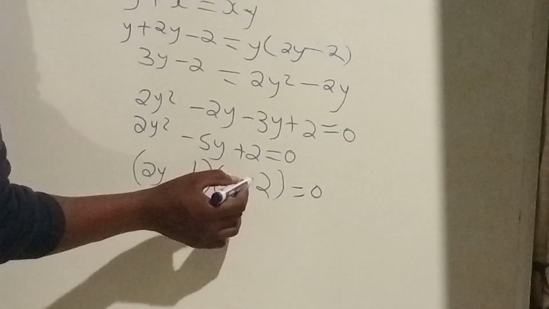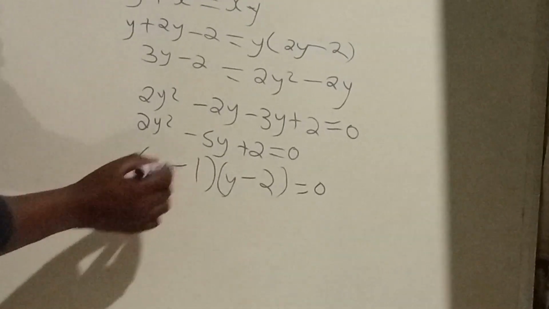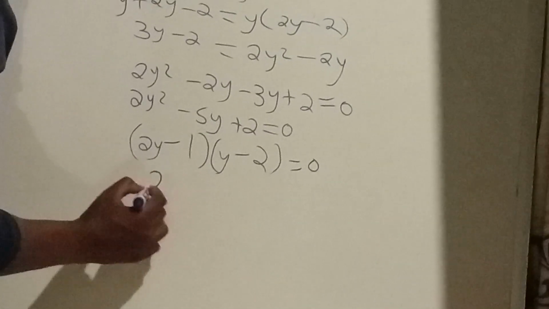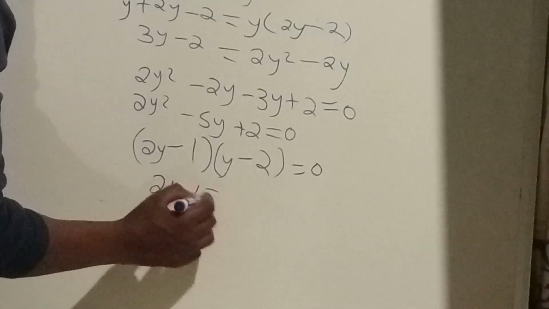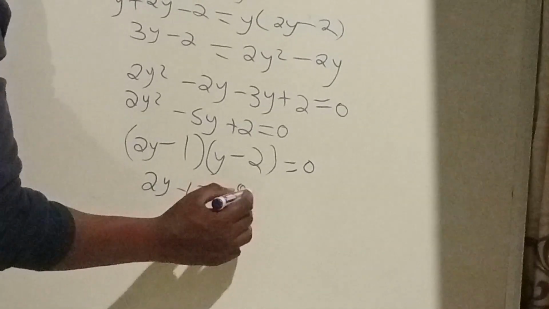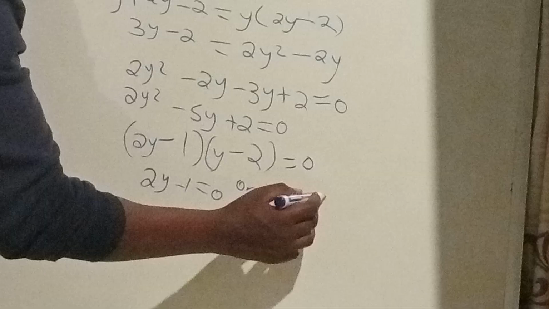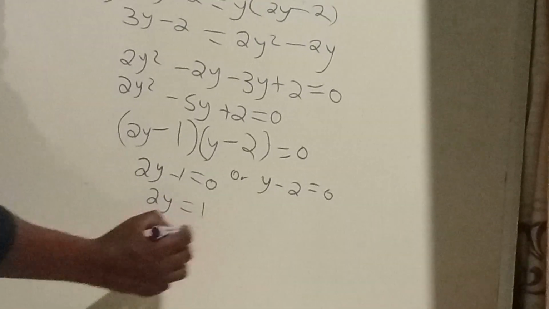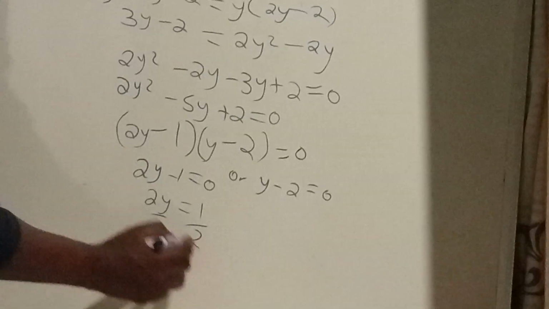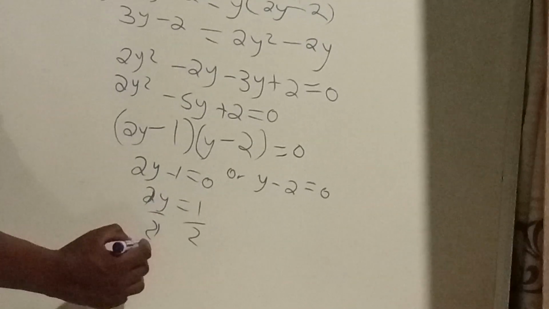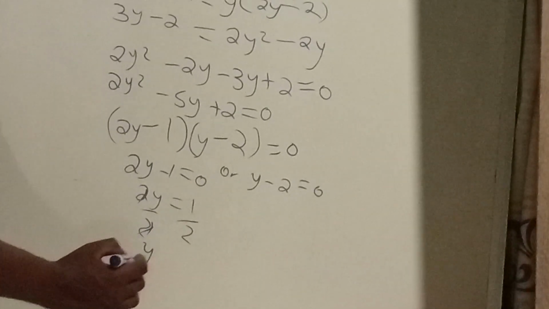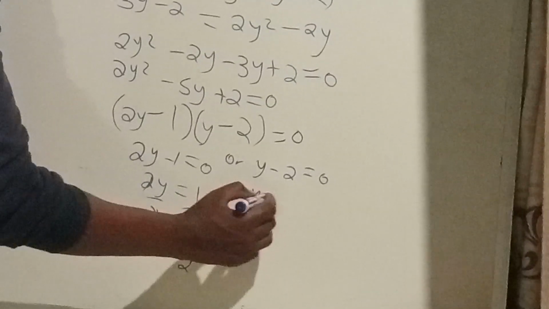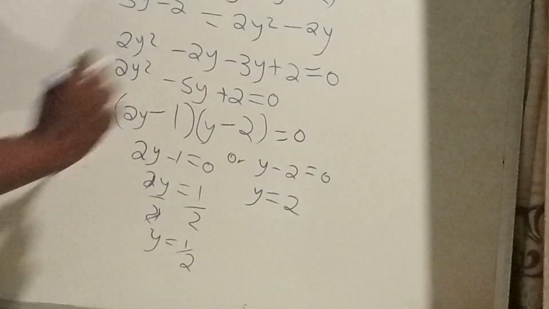So this is negative and negative, because we've got a positive there, minus minus, and therefore this means (2y - 1) = 0, or (y - 2) = 0, which means 2y = 1. Dividing both sides by 2, our y is going to be a half. What about this side? y will be equal to positive 2.